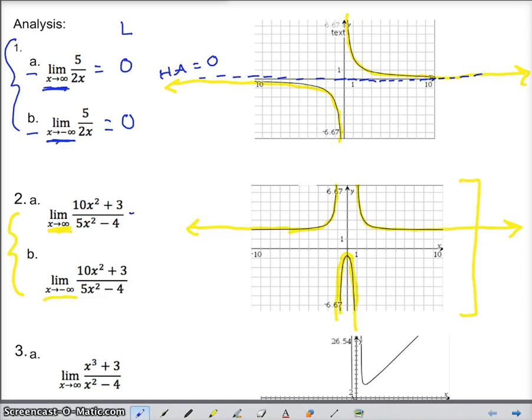Take a guess at what you think the limit for 2a and 2b is. And if you said 2, you would be correct. You might see that that limit corresponds to this horizontal asymptote of 2.